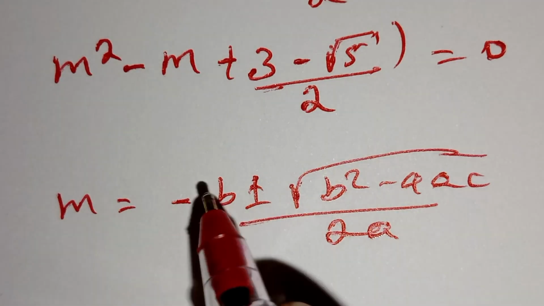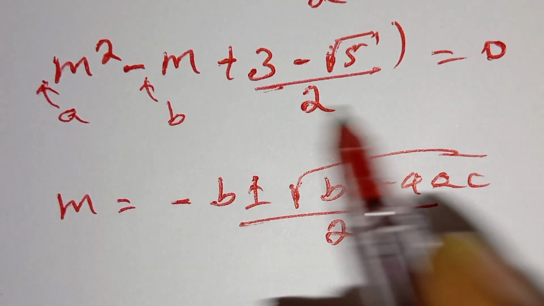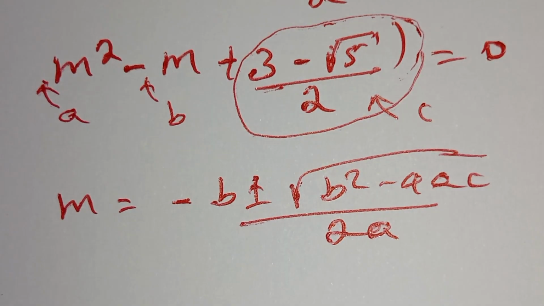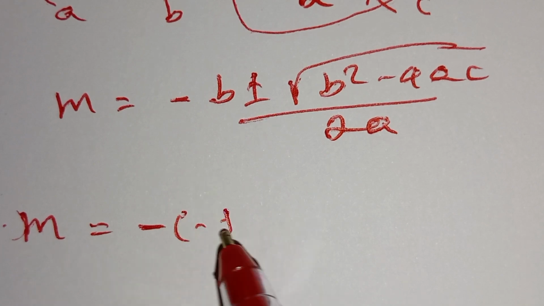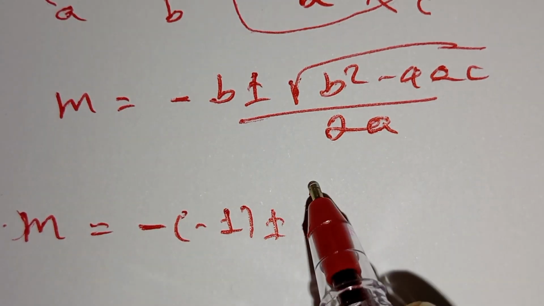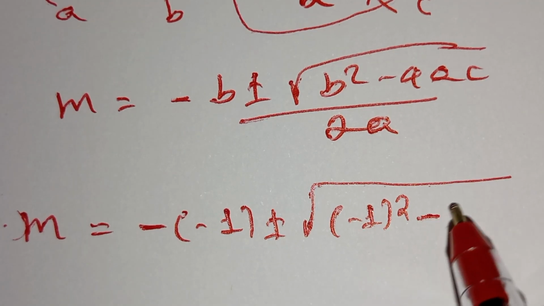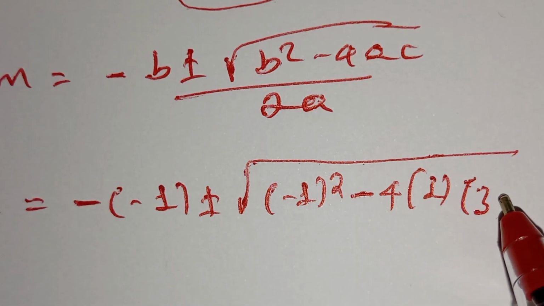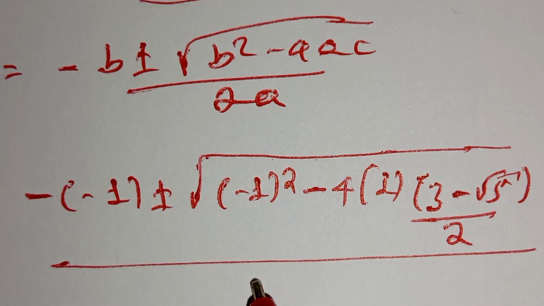Using the quadratic formula, here is A, here is B, here is C. So m is equal to minus B, minus 1, plus or minus the radical of 1 squared minus 4AC. 4A means 1, C means 3 minus root 5 over 2, over 2A, times 1.